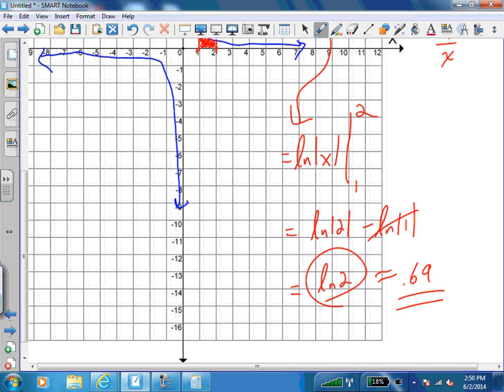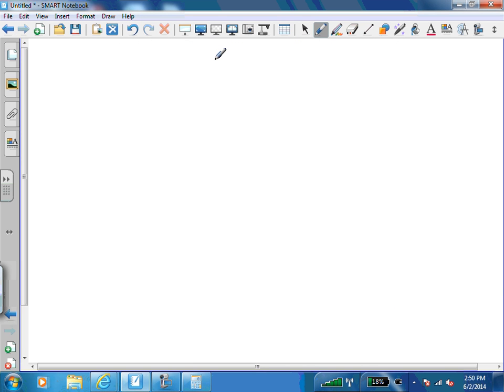The last thing is one other application, and some books have this, some don't. And this book has a problem similar to this. I haven't found one exactly like what I want.